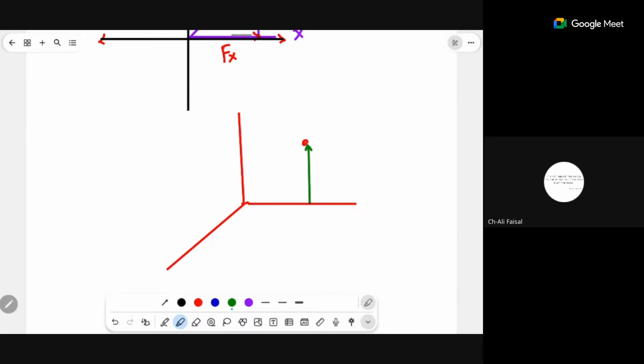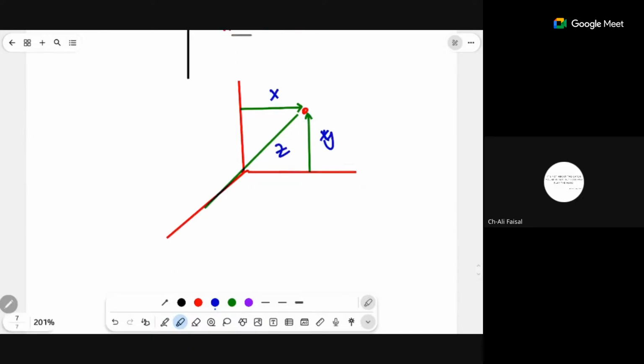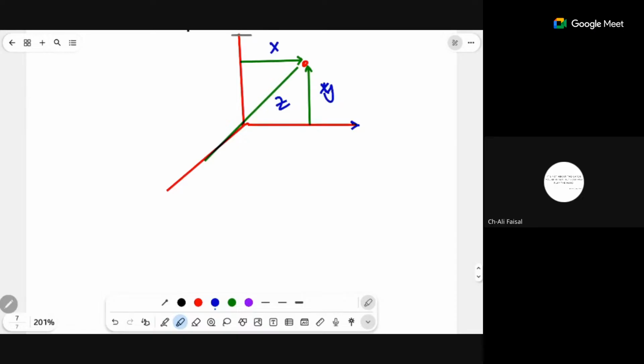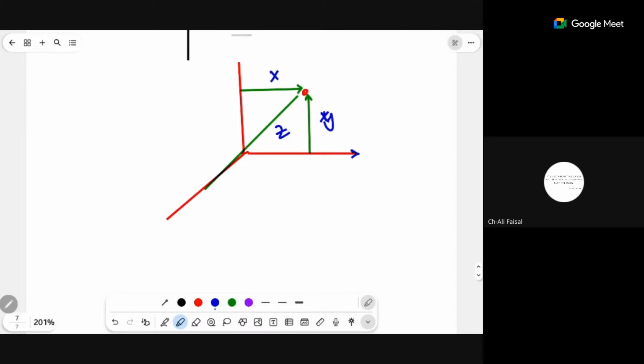It will have a certain position with respect to this wall, and with respect to this floor. It will have x component, y component, and z component. That is why once you resolve a vector into a three-dimensional system, it has Fx plus Fy plus Fz.